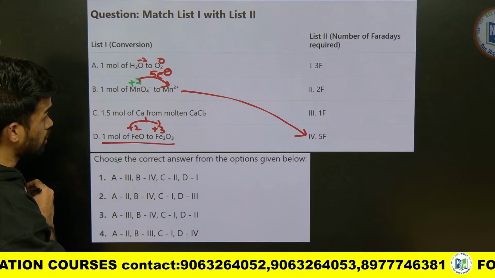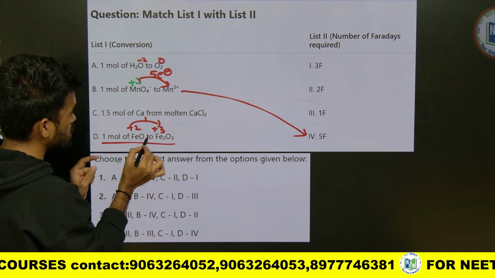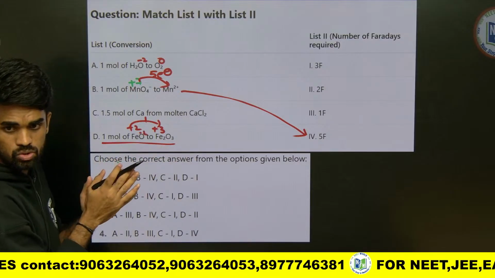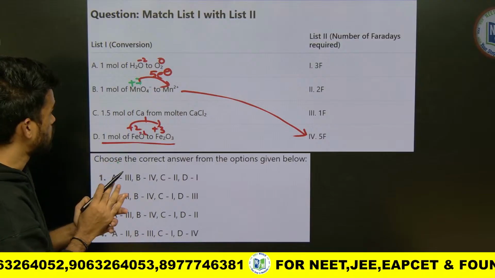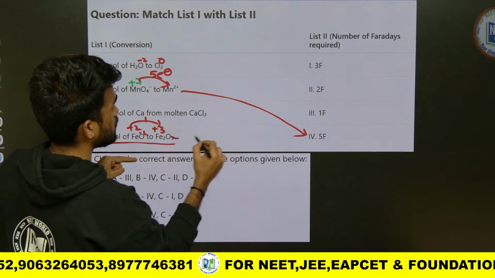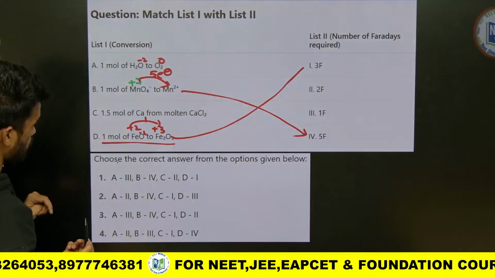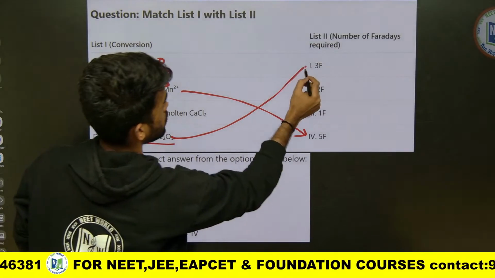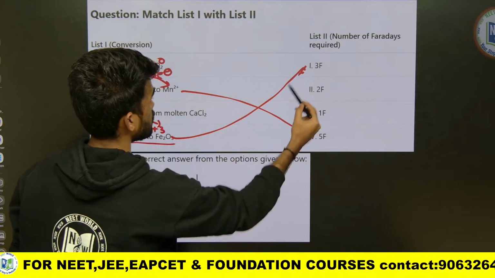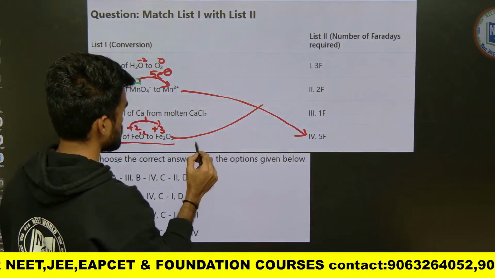They are asking only about iron, oxygen is -2 charge only. They are also -2. There is no change in the electrons of oxygen. Only iron is changing. So 1 Faraday. So D is 1.